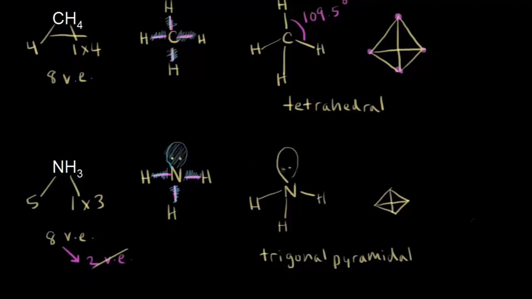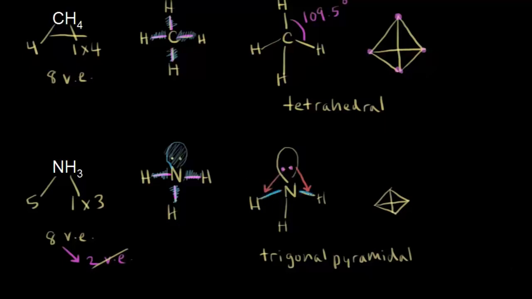this lone pair of electrons on the nitrogen actually occupies more space, right? These non-bonding electrons occupy a little bit more space than bonding electrons, and because of that, those non-bonding electrons are going to repel these bonding electrons. Let me go ahead and put them in blue here, just as an example.